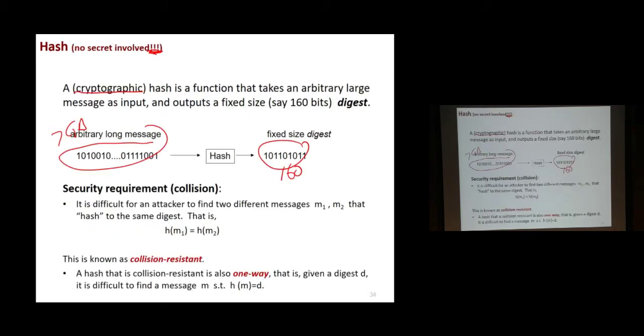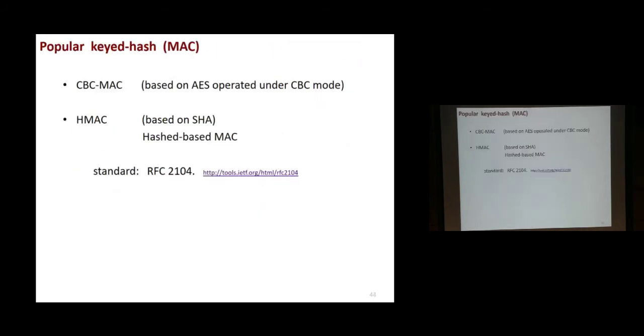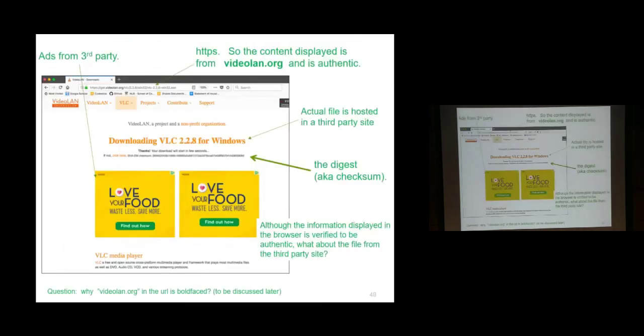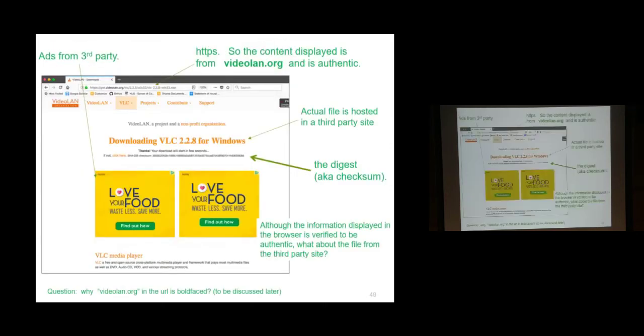To understand the hash function, let's go straight to an application. It may be easier to explain a hash function using an application. You may have done this: you go to a website, let's say the website of VLC.